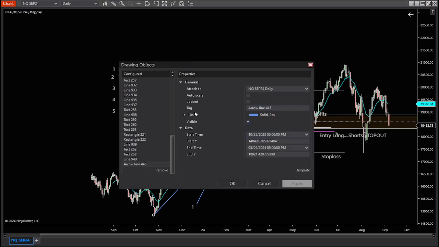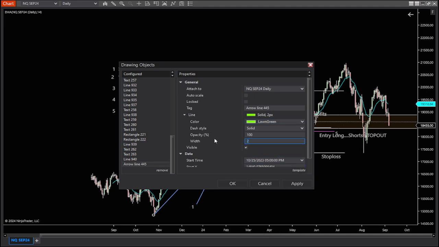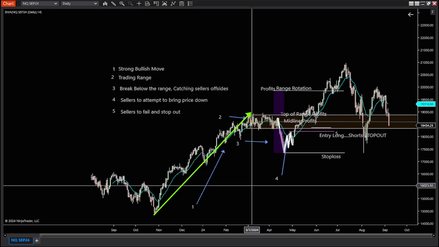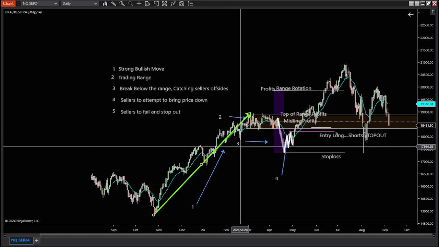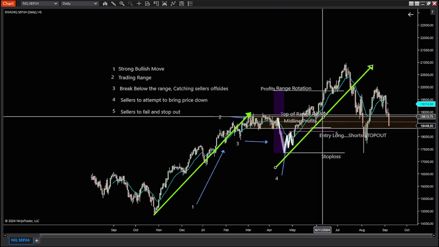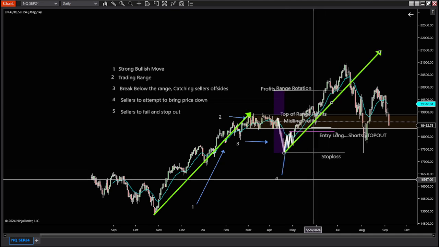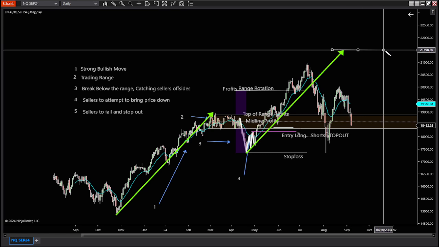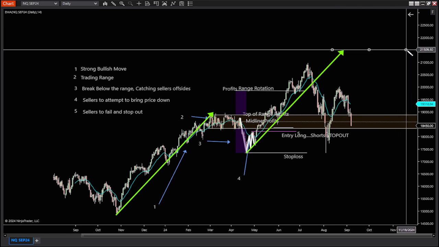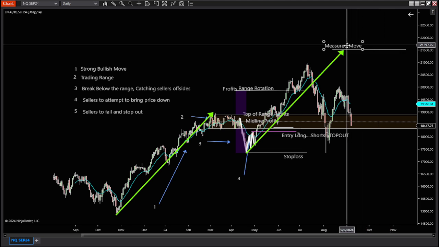We'll make this a nice green color because we're bullish, and we'll make it size 4, nice and big. We have a bullish move up. Copy, paste, put it at the bottom of the range. Now this would be our measured move.